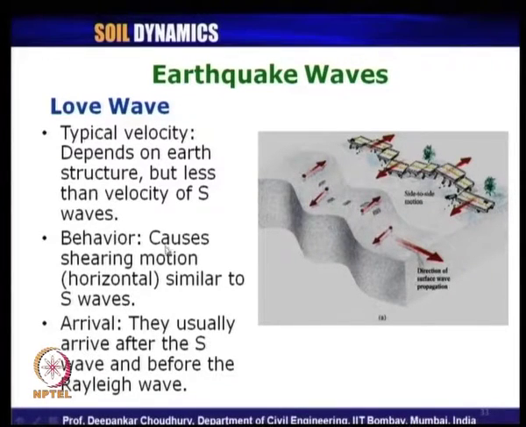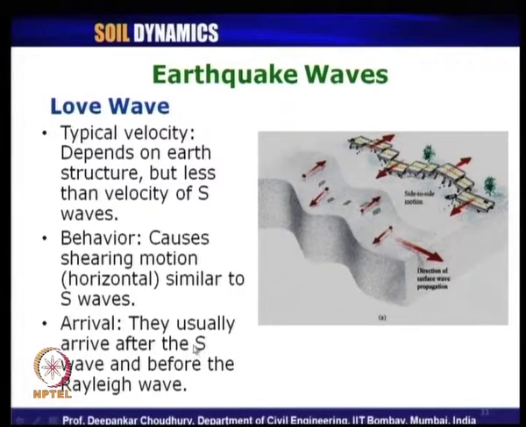Its behavior: it causes horizontal shearing motion similar to the S wave, that is, when the wave propagates in this direction, it moves in this direction. Its arrival is usually after S wave, because its velocity is less than shear wave. So, obviously, it arrives in the seismogram as the third one.